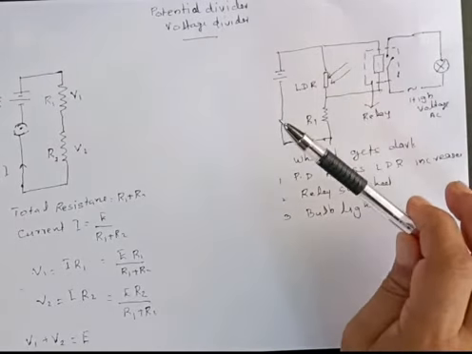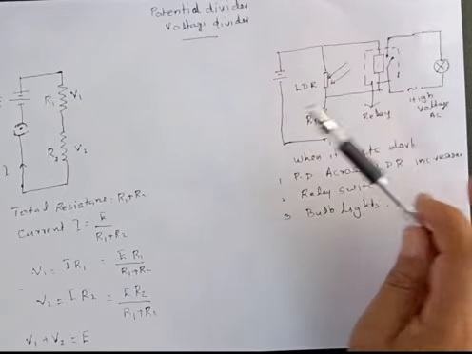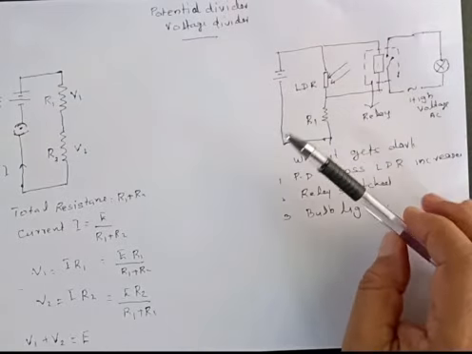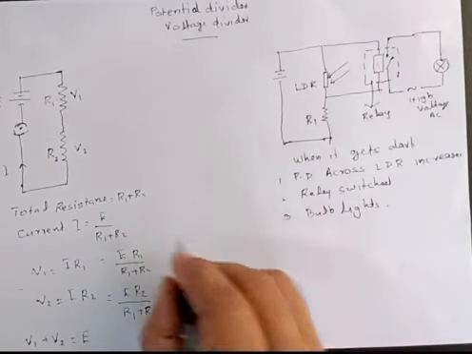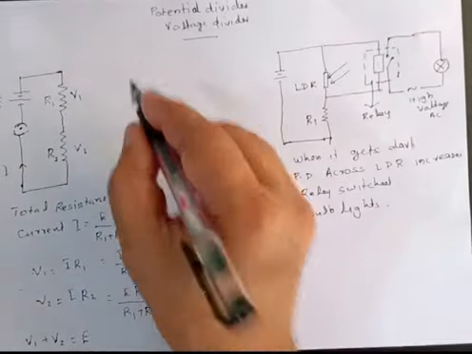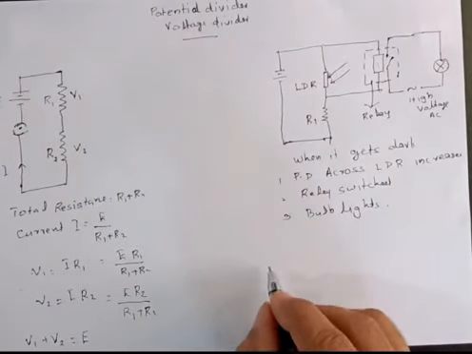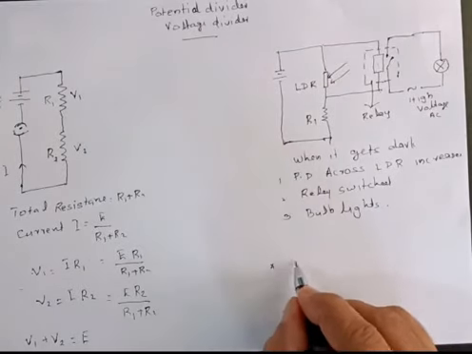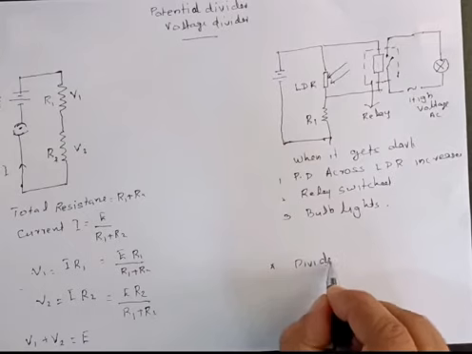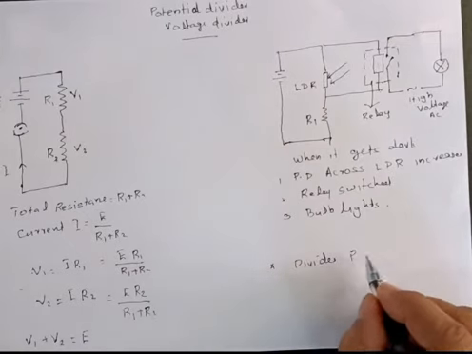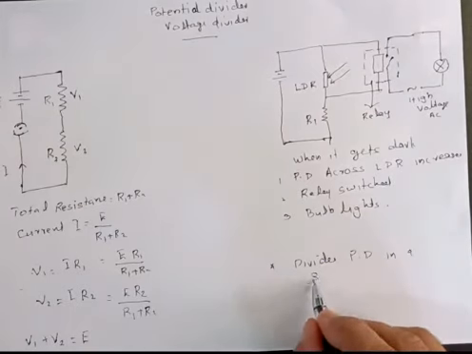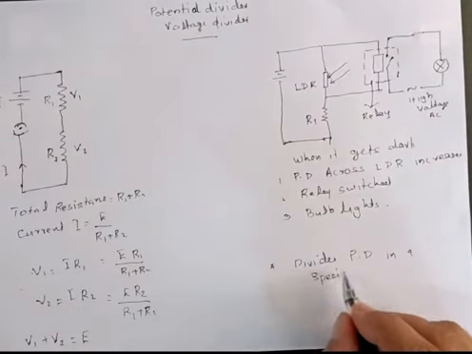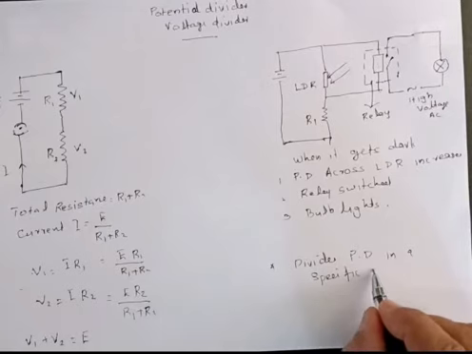Basically what a potential divider does is divide the potential in a specific ratio. Potential divider, what does it do? It divides potential difference in a specific ratio.